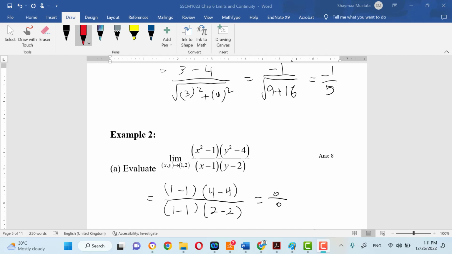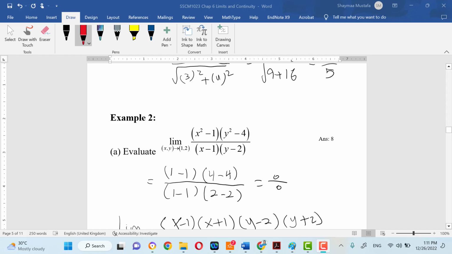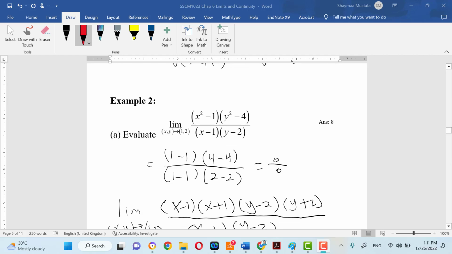Usually when you have 0 over 0, sometimes we have common factors between the numerator and denominator. So I will factor x² − 1.